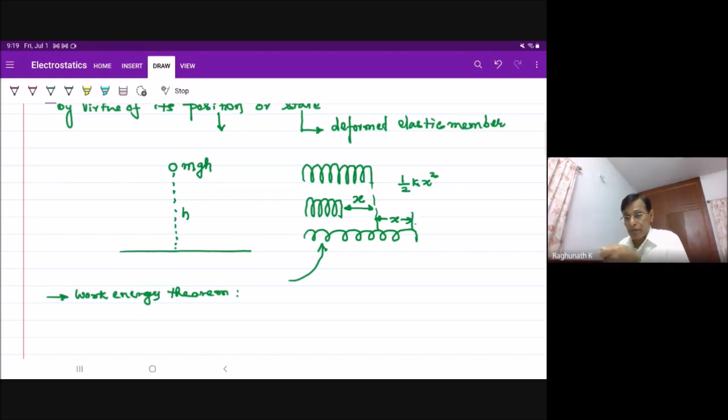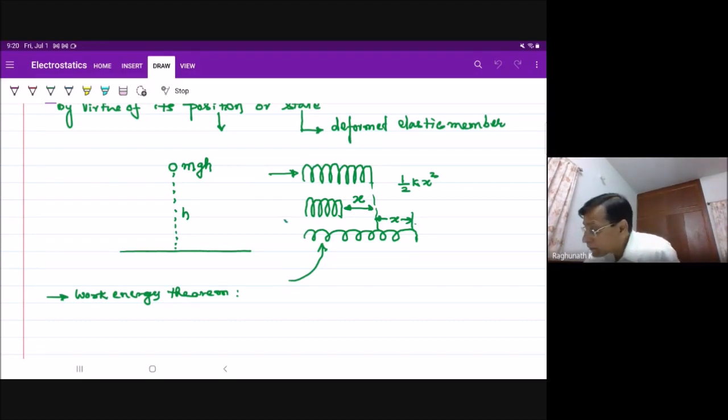If you move it without deforming it, I can push it, keeping it on a horizontal table. I apply force. That force creates acceleration. That creates time varying velocity. Because of its mass, at the end, it will have W joules of energy in the form of kinetic energy, half mv squared.